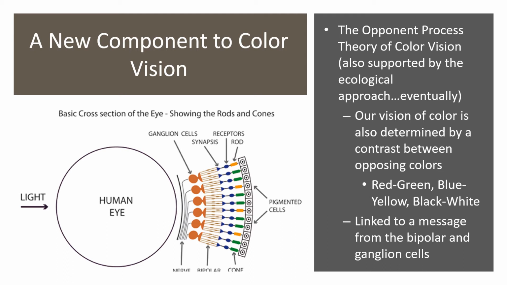In particular, red-green contrast, blue-yellow contrast, and black-white contrast. And these cells in our eyes could potentially be telling the brain, okay, you're not only seeing red, but you're seeing red, not green, and blue, not yellow, or something's dark, not light.